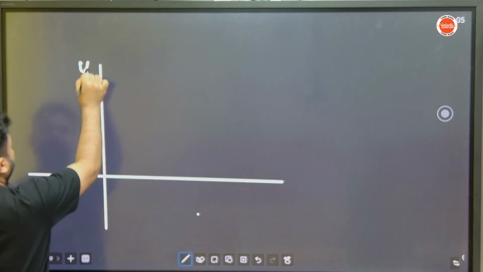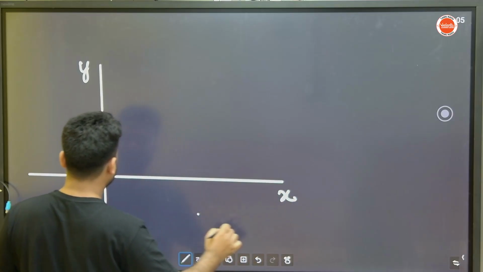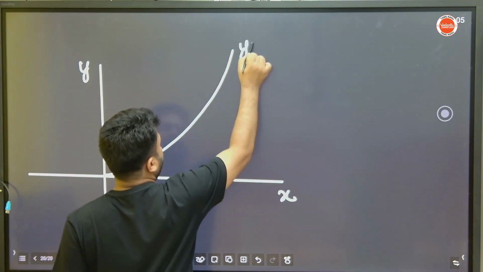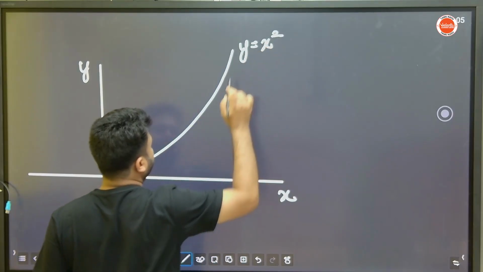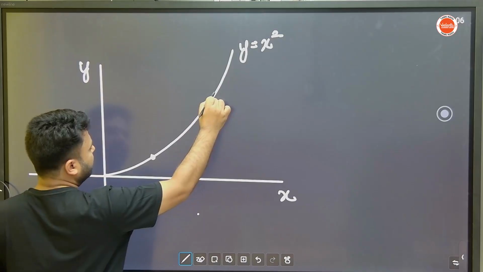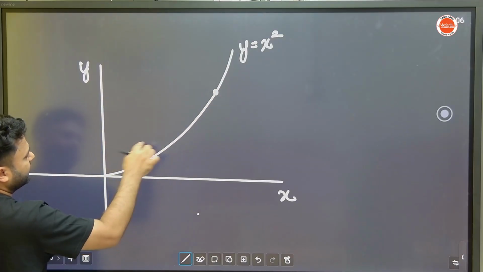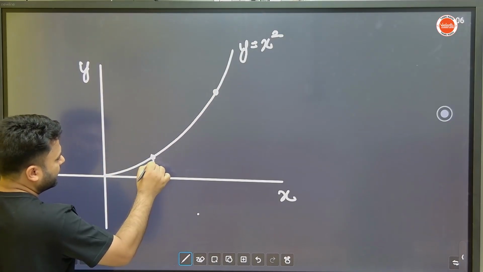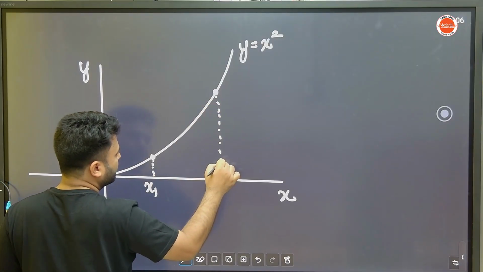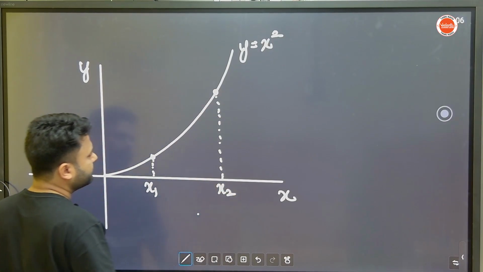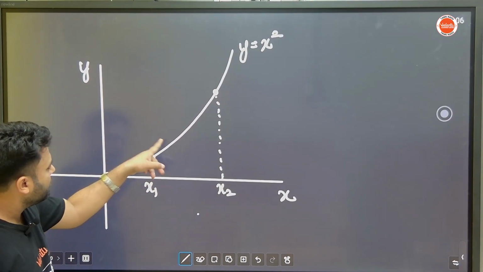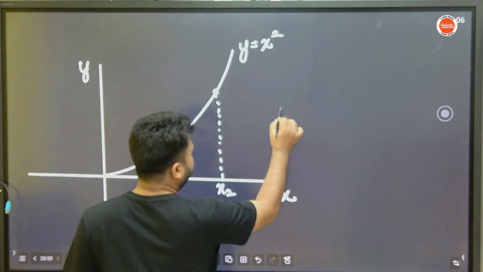See what I'm saying, this is a y versus x graph. Suppose this is the curve y equals x square. Anything they can give. From this point to this point, you can see the y value is changing now. Suppose this is x1, this is x2. If we are changing x, y is also changing. They are asking what is y average.